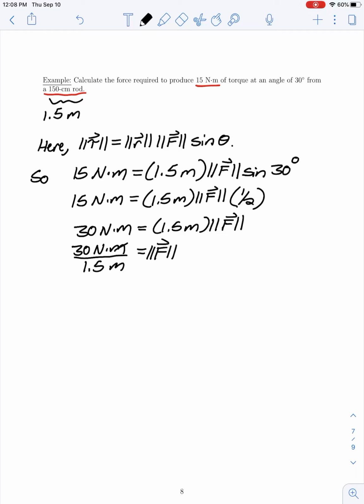So we see that the unit that we'll be left with is newtons. So here we have 30 divided by 3 halves, which would give us 20 newtons for the magnitude of this force. So we need to produce a 20 Newton force at an angle of 30 degrees from this 1.5 meter rod to produce the desired torque.